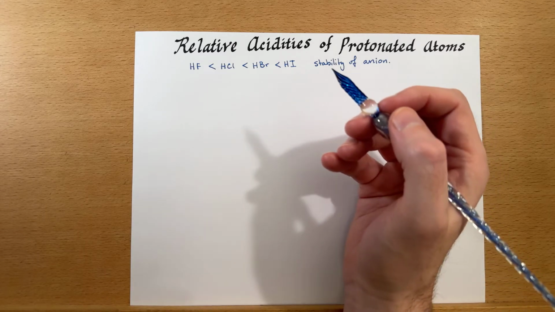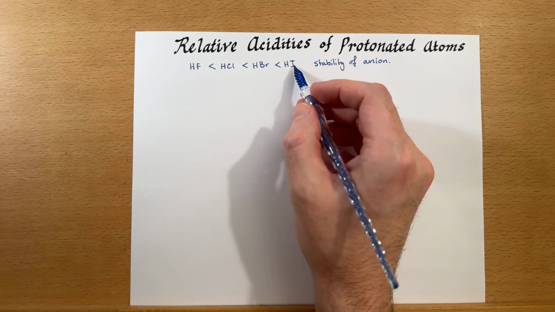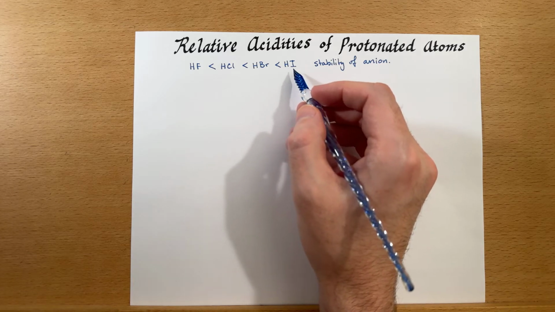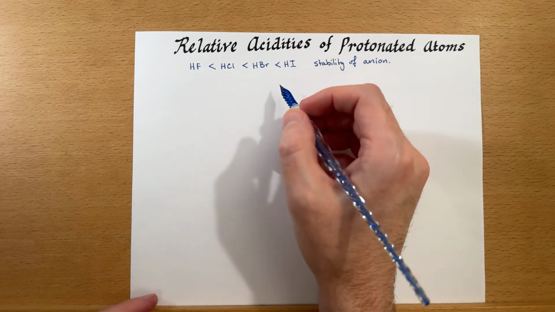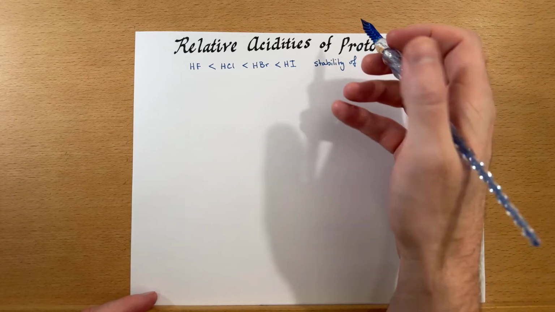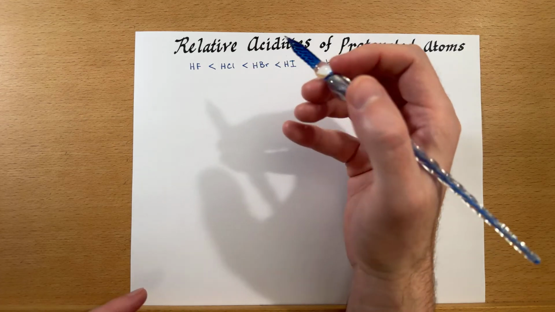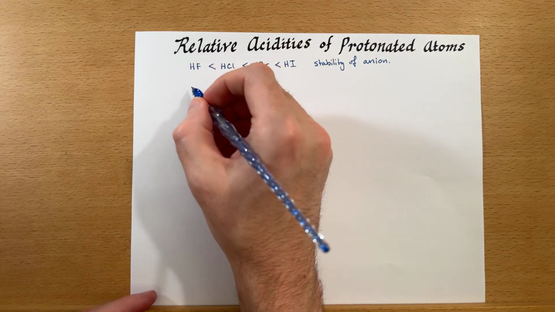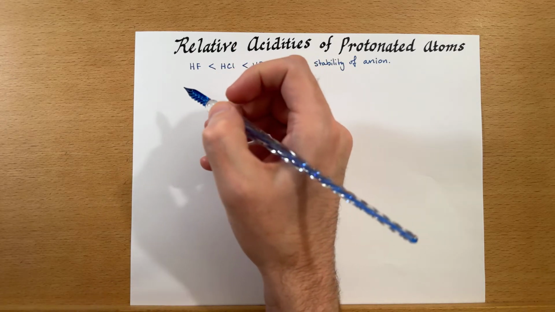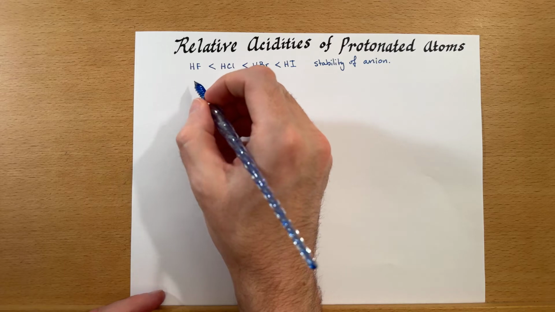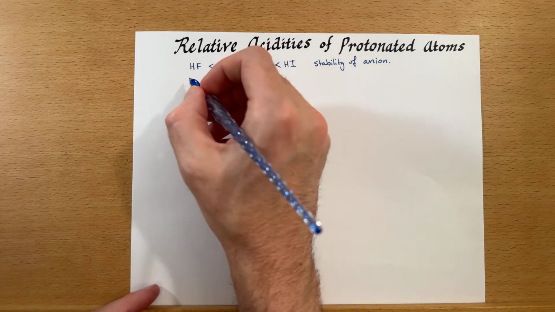We've talked about that when we're talking about resonance, but the same is true when we're talking about just atoms. The larger the atom, the easier it is to take that negative charge. Now, let's go back to HF and talk about electronegativity, because it is more stable than things that are less electronegative.